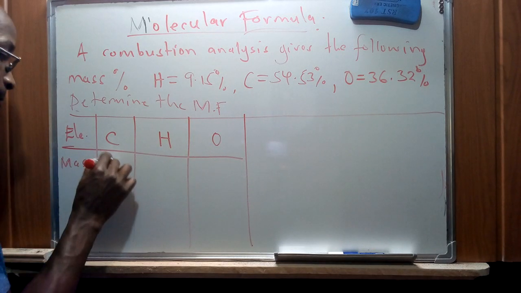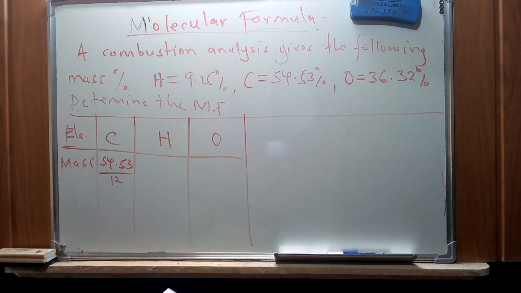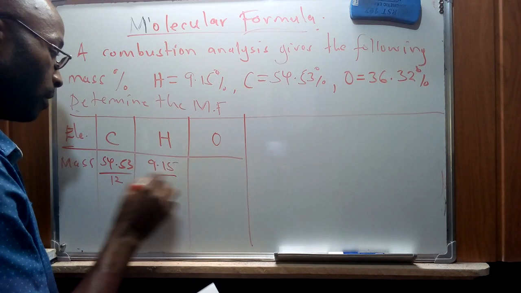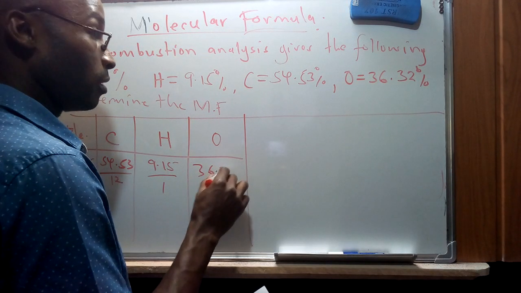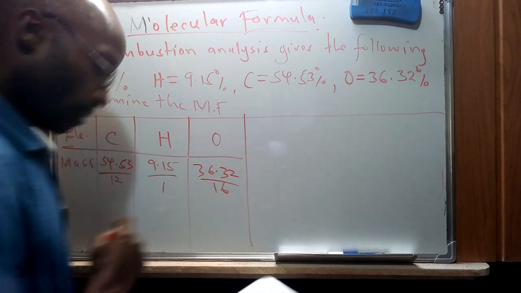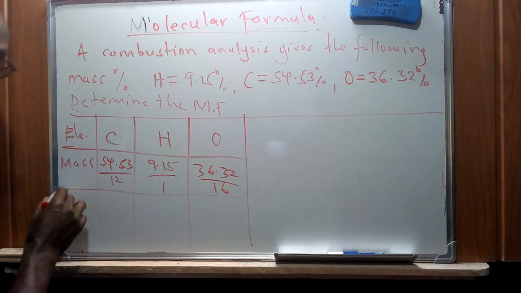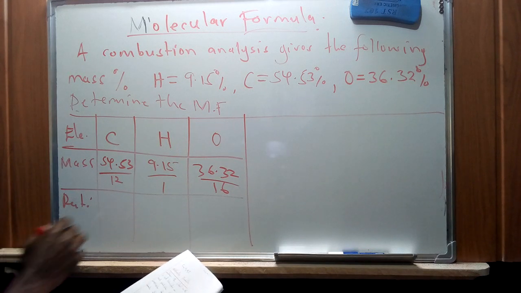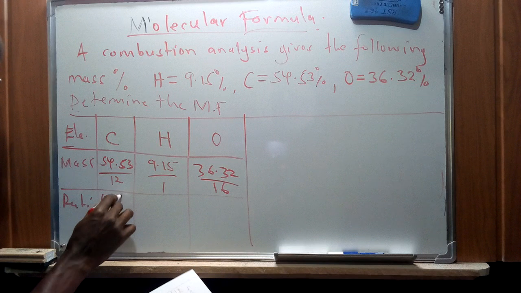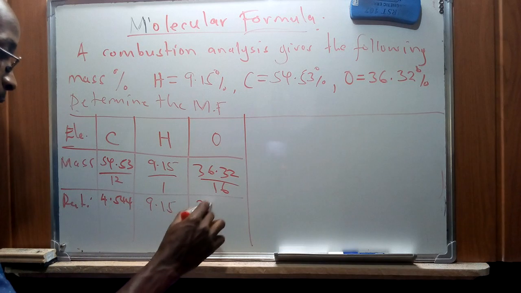So for carbon, 54.53%, the relative atomic mass is 12, and then we have 9.15 for hydrogen, which has an atomic mass of 1, and then we have 36.32 for oxygen, which has a mass of 16. So this will give us the mole ratios: 4.544, then 9.15, and then the last is going to give us 2.27.